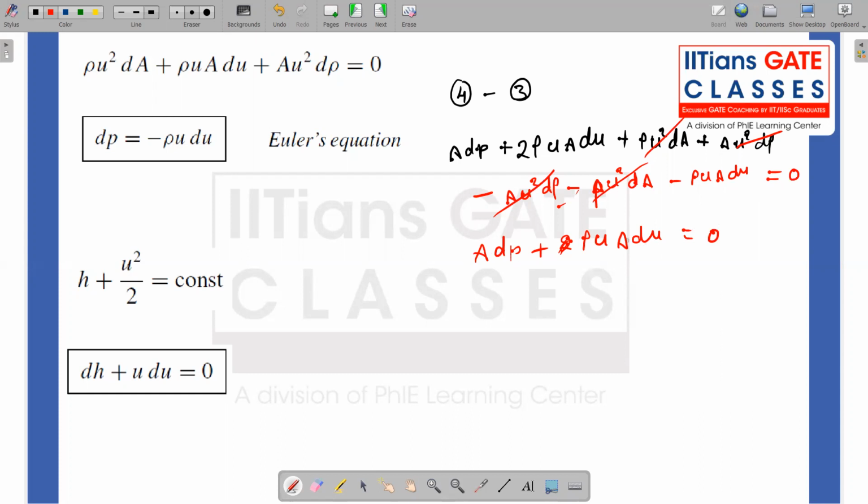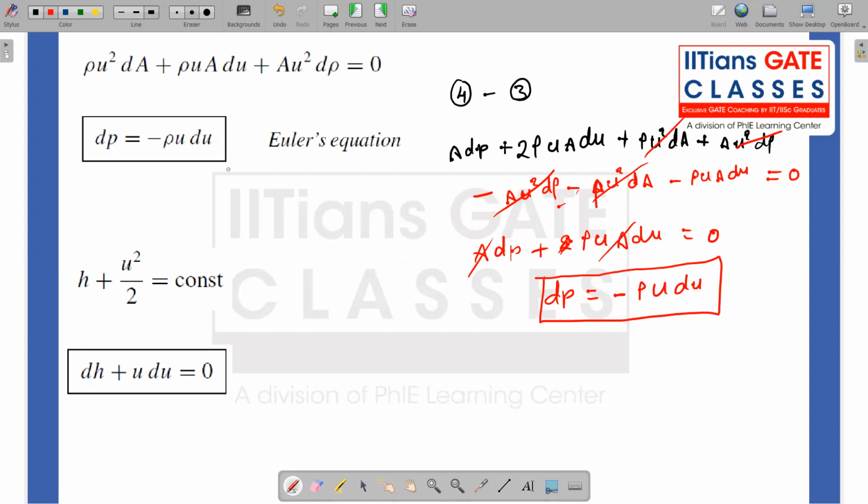So on both sides I can cancel out A, right? A gets cancelled. I am left with dP is equal to minus rho u du. So it should ring a bell. It is nothing but the Euler equation for steady and inviscid flow.